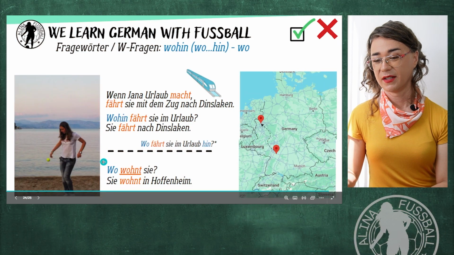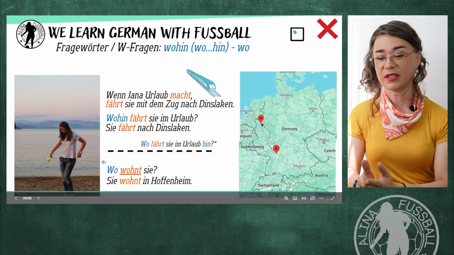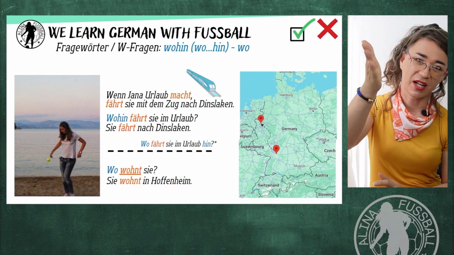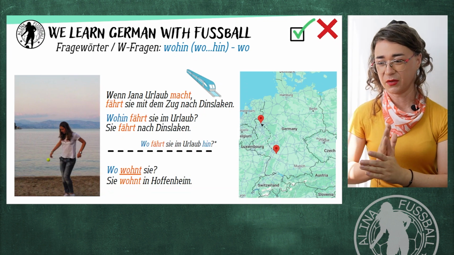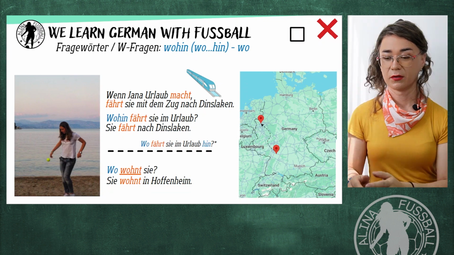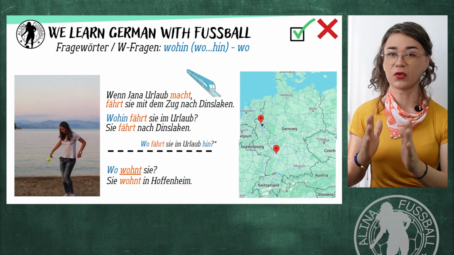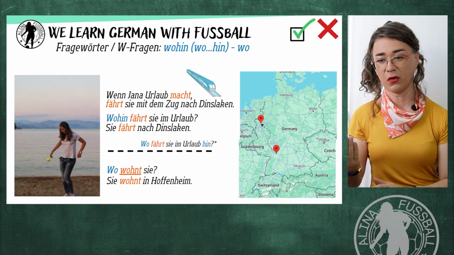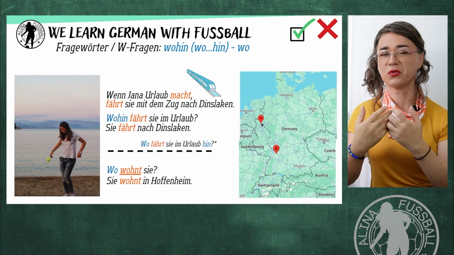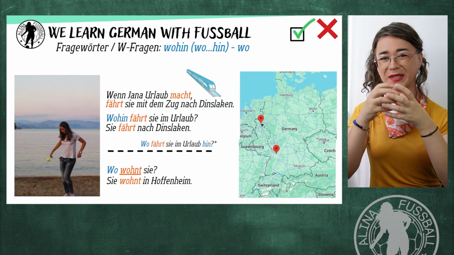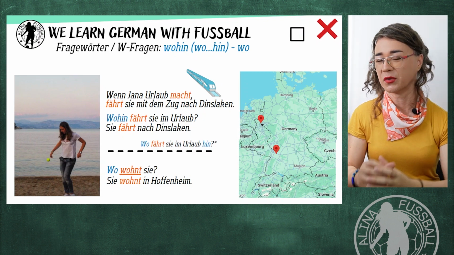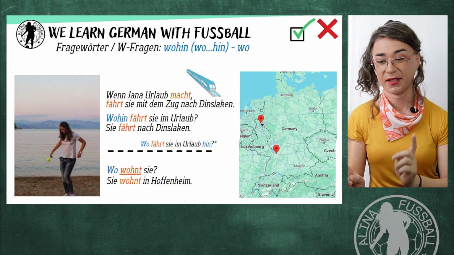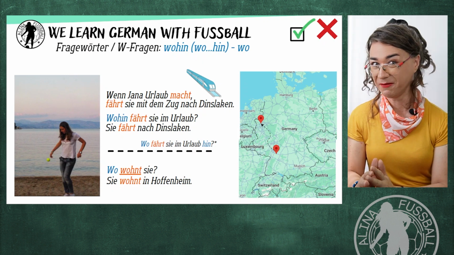Wo. This Fragewort is not for the direction. We are talking about, you know, a specific place. So with this Fragewort, we are not trying to get information of the place you are moving to, you know, the location you are moving to. We just want to know information about a specific place. So this is not connected to movement. Wo wohnt sie?